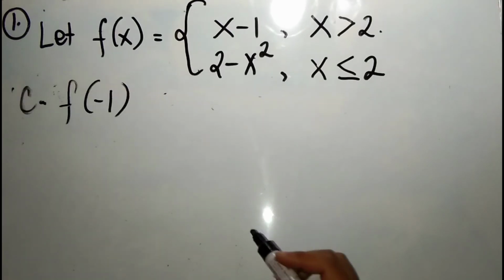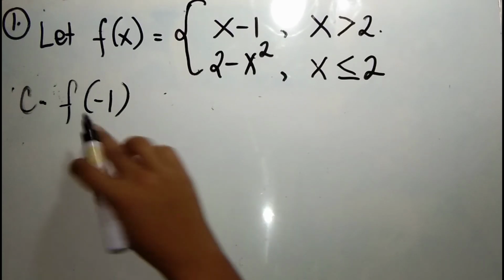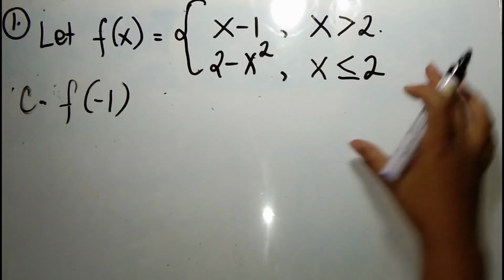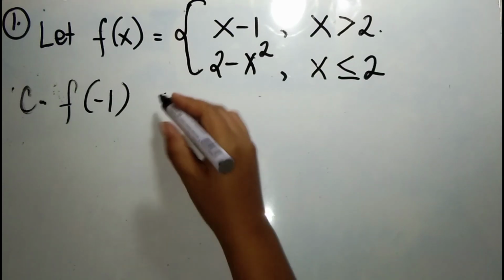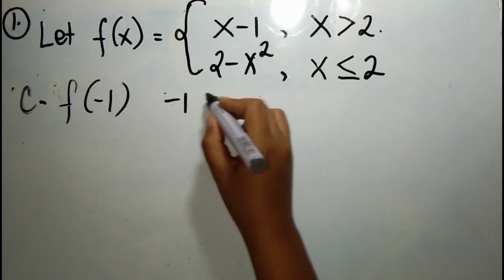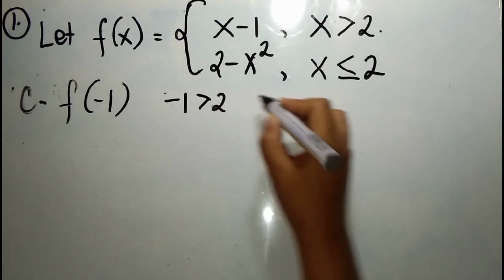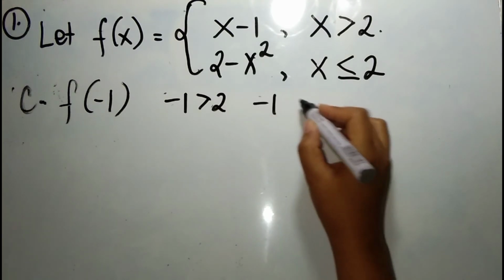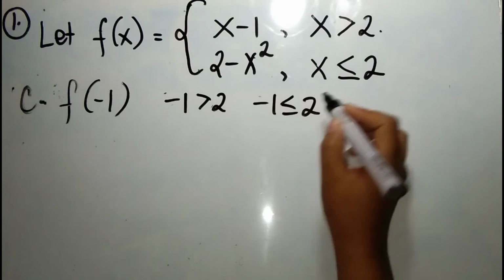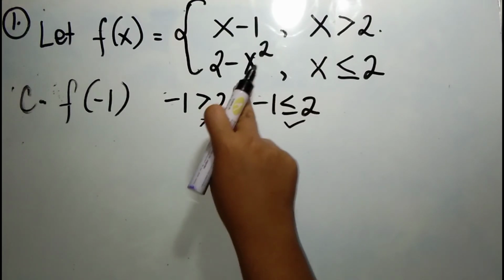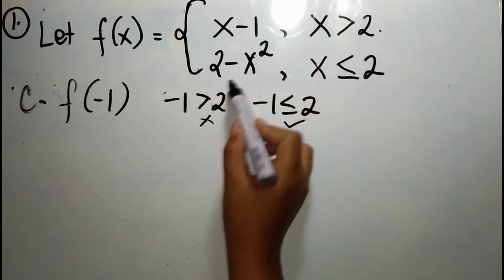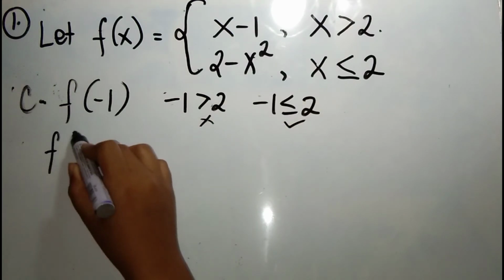Okay, let's proceed to C, f of negative 1. So, hanapin po natin yung tamang statement, which is, okay, so let's try negative 1 is greater than 2 or negative 1 is less than or equal to 2. So, mali po yung unang statement and gagamitin natin yung negative 1 is less than or equal to 2.